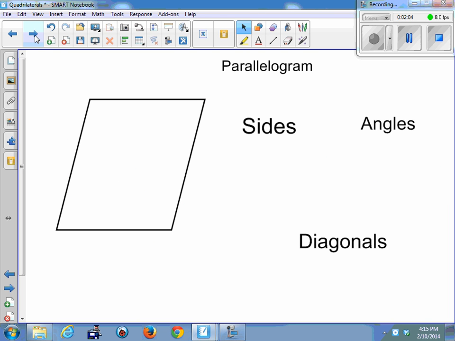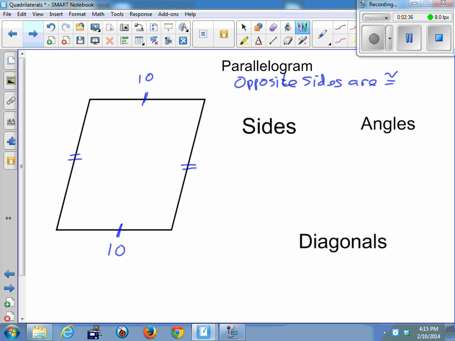All right. So parallelogram, there's a few things that you need to know. The opposite sides are congruent. So that means if I know the length of this side, it's the same as this, and these are the same. Now, all four sides are not the same. That's going to happen in a square and a rhombus. But we know, for instance, if this is 10, then this is going to be 10.